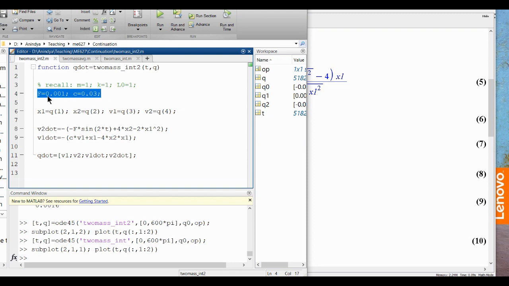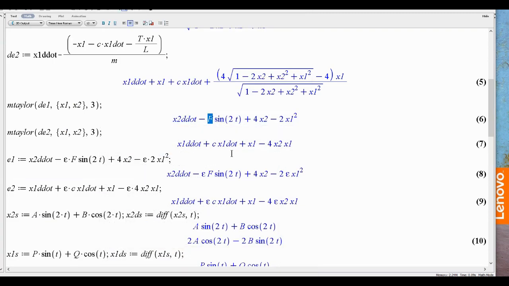So f is 0.9 epsilon square, c is 0.9 epsilon. When I do that, f and c are still being retained as parameters, but from here I have come to this equation. Now there is an epsilon here and an epsilon here, and I've come to this equation, there is an epsilon here and an epsilon here. These are my two equations.